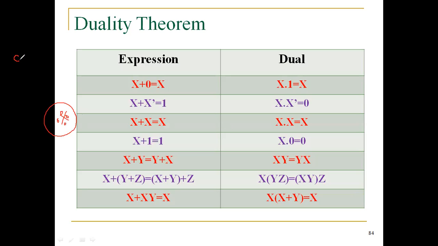They may be combinational circuits, or sequential circuits, either synchronous sequential or asynchronous sequential circuits. So in designing any digital circuit, these Boolean expressions are very important.